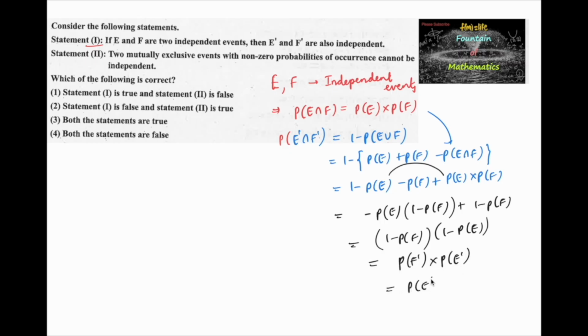That is P of E dash into P of F dash. So P of E dash intersection F dash is equal to P of E dash into P of F dash.